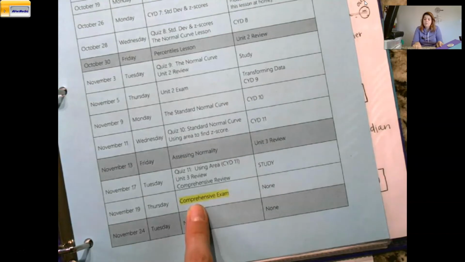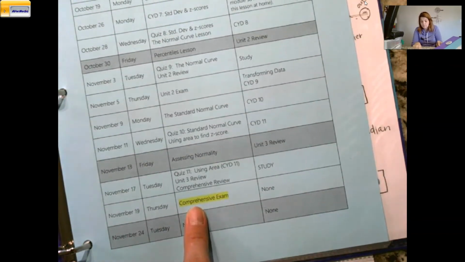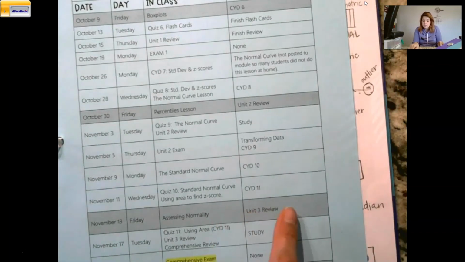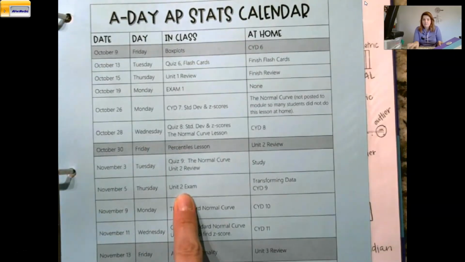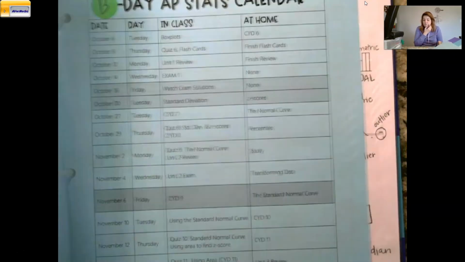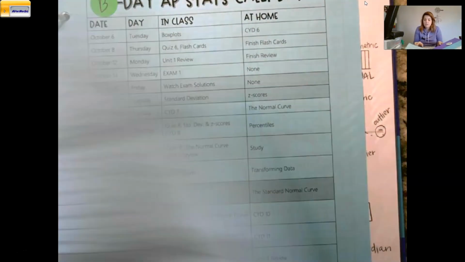Most of it will be on Unit 3 and only a little bit will be on Unit 1 and 2. Your Unit 2 exam for A days is on November 5th, and for B days, it is on November 4th.